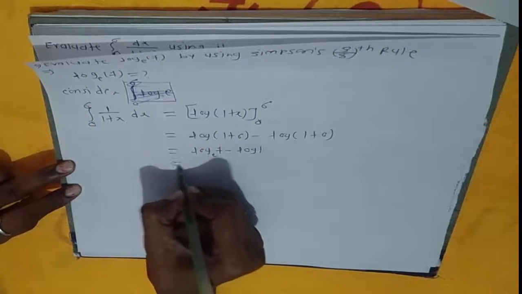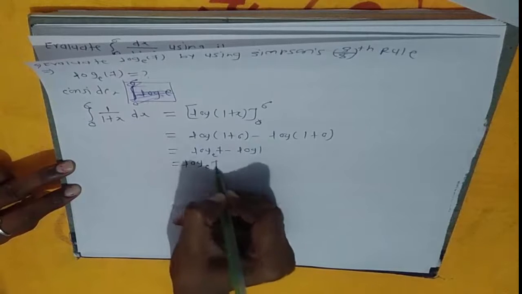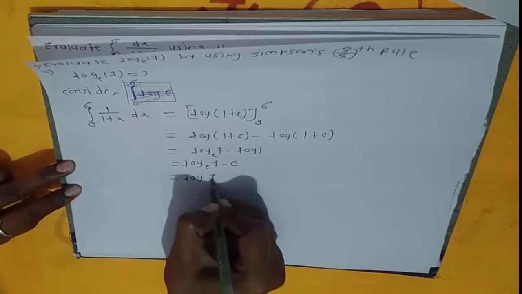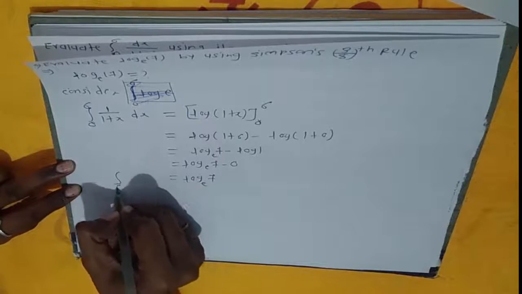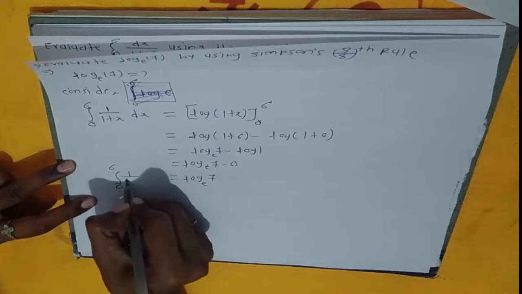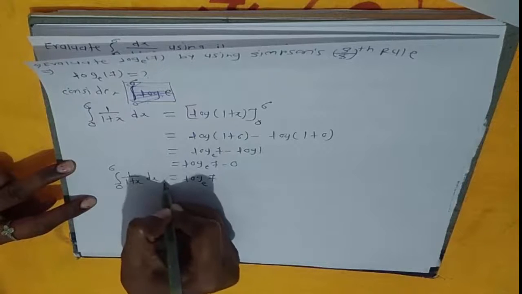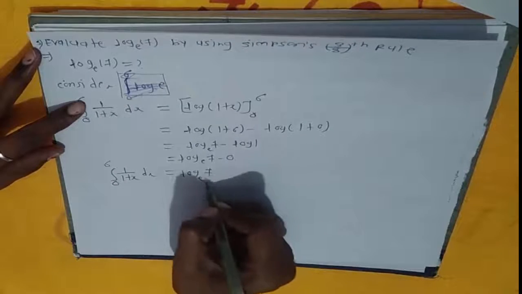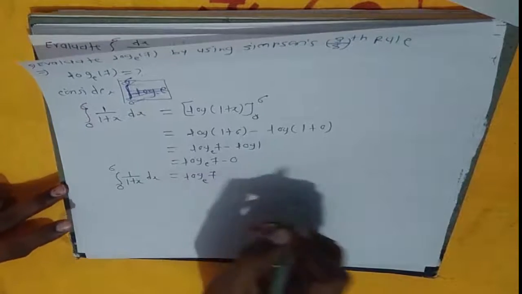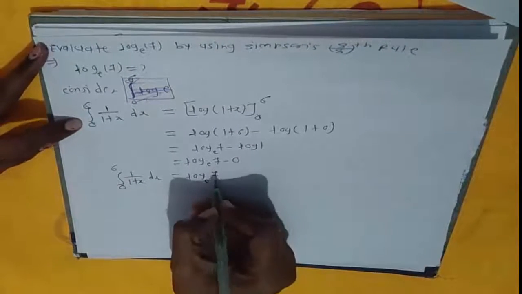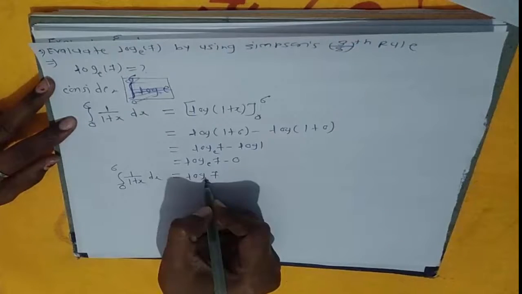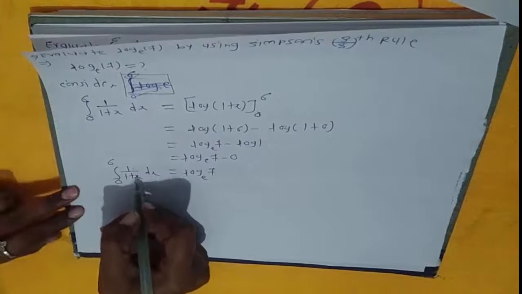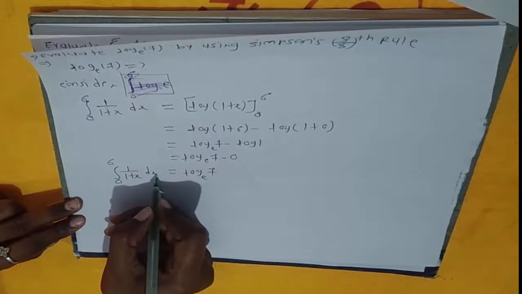We know that log 1 is 0, so we get log 7 to the base e. That means the integral from 0 to 6 of 1 upon 1 plus x dx equals log 7 to the base e. So to evaluate log 7 to the base e, we evaluate this integration.